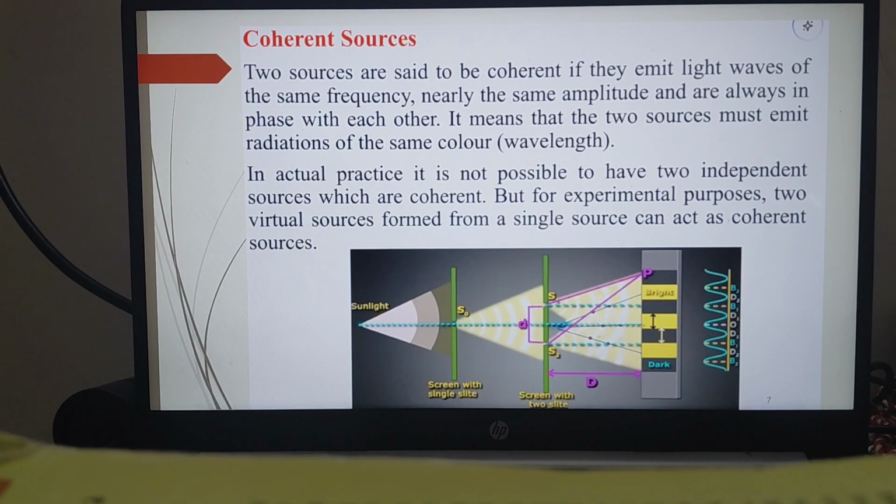In actual practice, it is not possible to have two independent sources that are coherent.